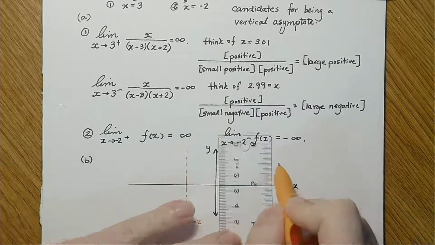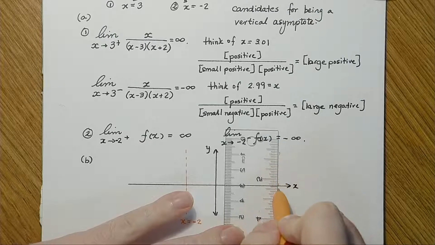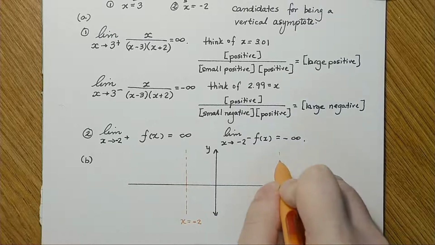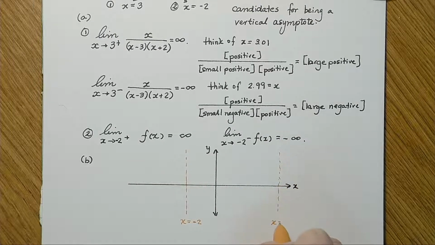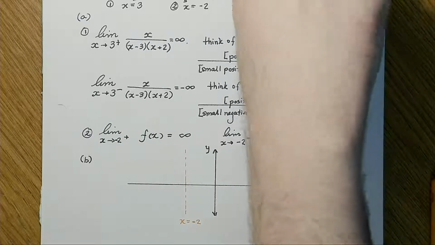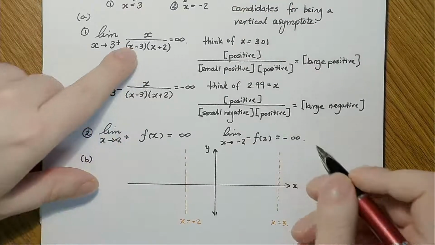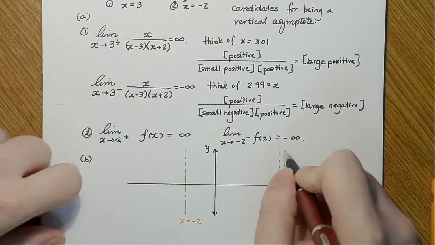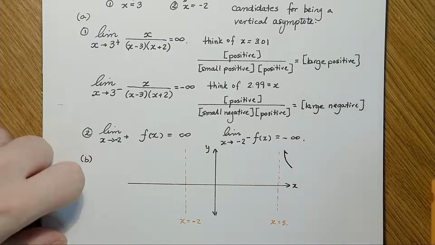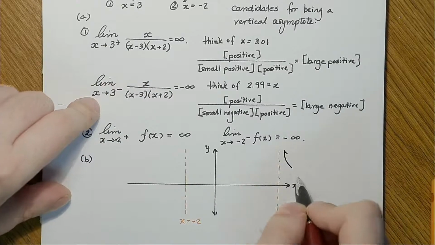So I have a -2, and then I'll have like a +3 on this side. Okay, so then from the right-hand side, it's going off to infinity.